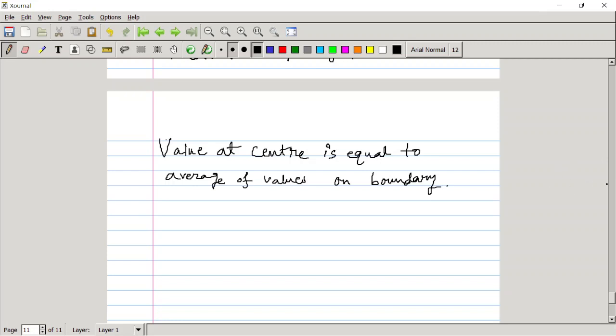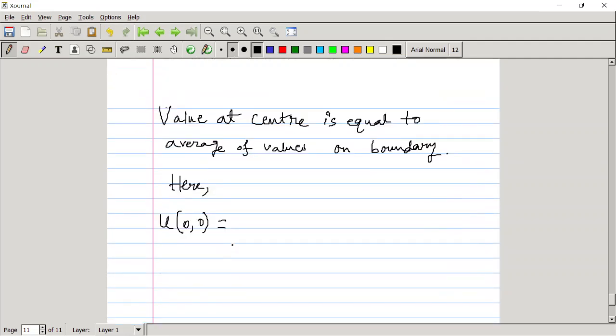So here the value at the origin 0, 0, the value at the center, is equal to the average. Average means U on the boundary. What should I take? x equal to cos theta and y equal to sin theta, right?